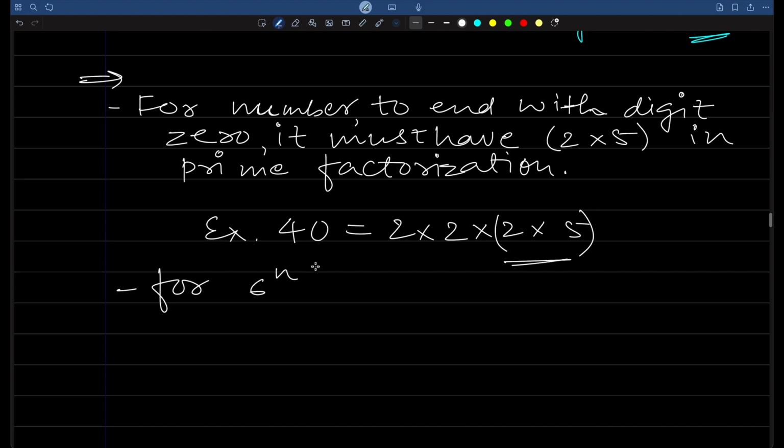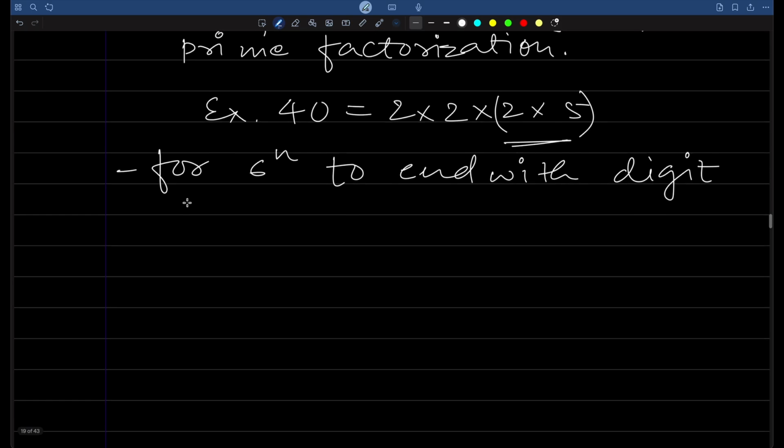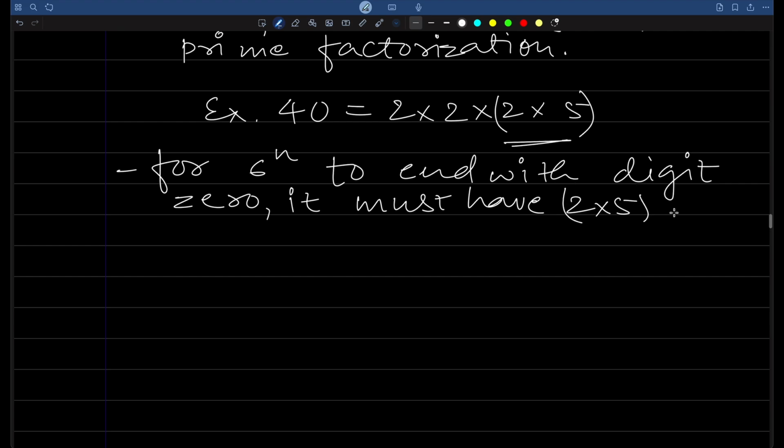For 6 raised to n to end with digit 0, it must have 2 into 5 in its prime factorization.